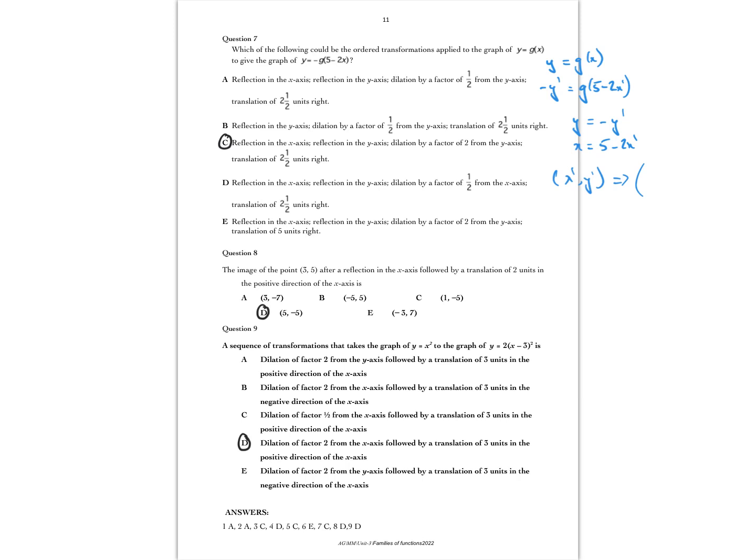So y is simple enough, that's just negative y. So if I work out what x dashed is going to be equal to, it'll be 5 minus x on 2. Yeah. So let's list the transformations. I've got to reflect about both axes.